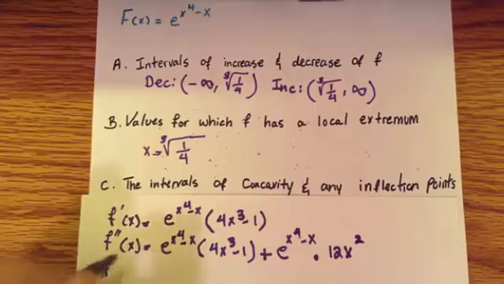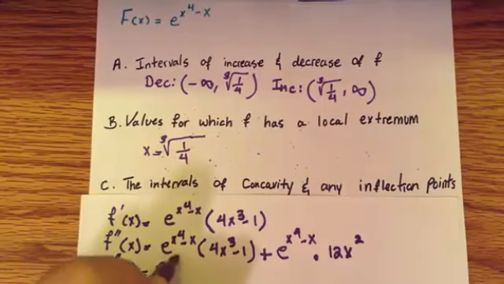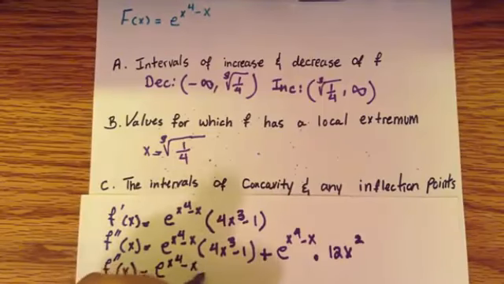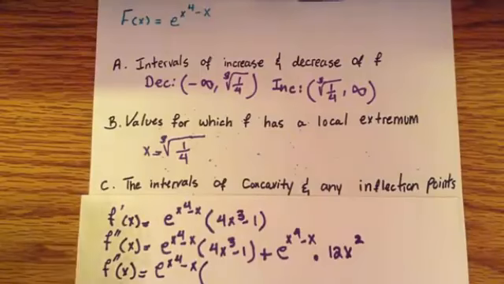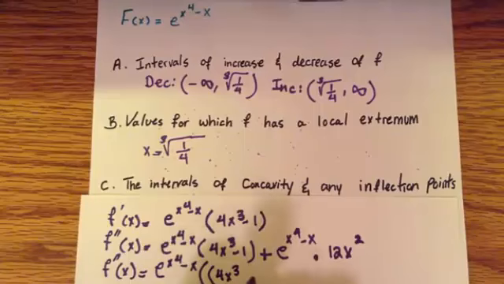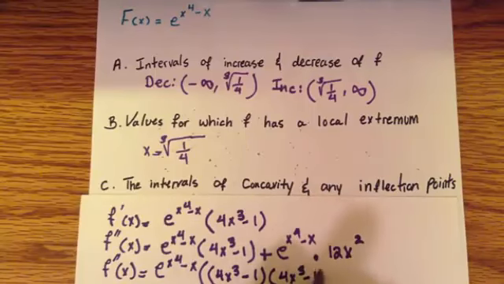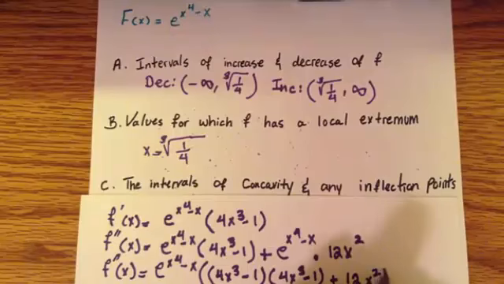So we're going to have f double prime of x equals, we factor out e to the power of x to the fourth minus x, and we have 4x cubed minus 1 times 4x cubed minus 1 plus 12x squared.